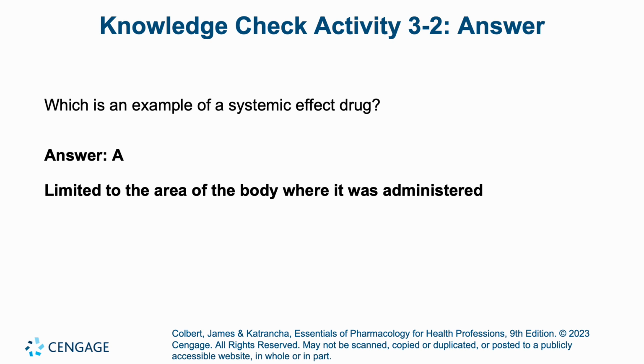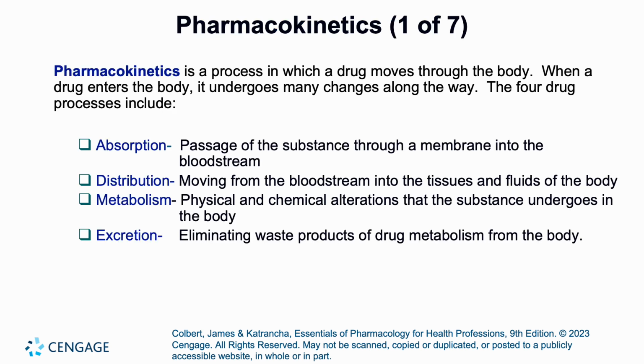And then the answer on here, it says A, limited to the area of the body where it was administered. So they worded the question wrong in the second slide, but which of these is not an example of a systemic effect? A, limited to the area of the body where it was administered, because that is an example of a local effect.